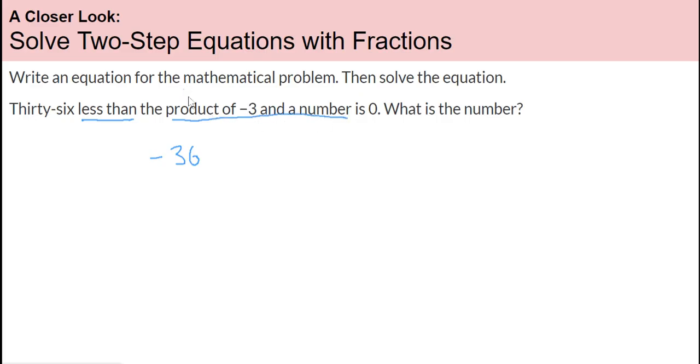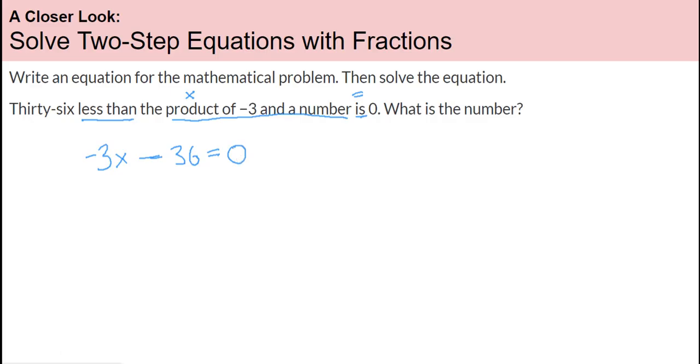The word product means multiplication. So we're going to do -3 and a number we don't know, so it's going to be -3 times x. We don't need anything else, we just have this subtraction sign. So negative 3x minus 36 is, that's the equals word, so that means it equals 0.